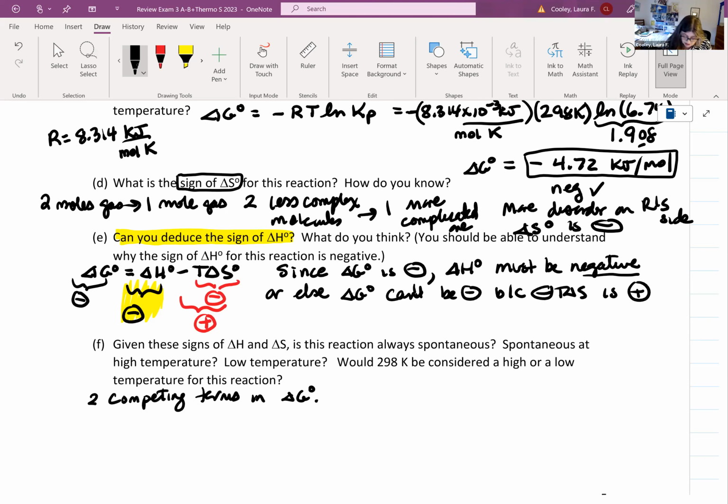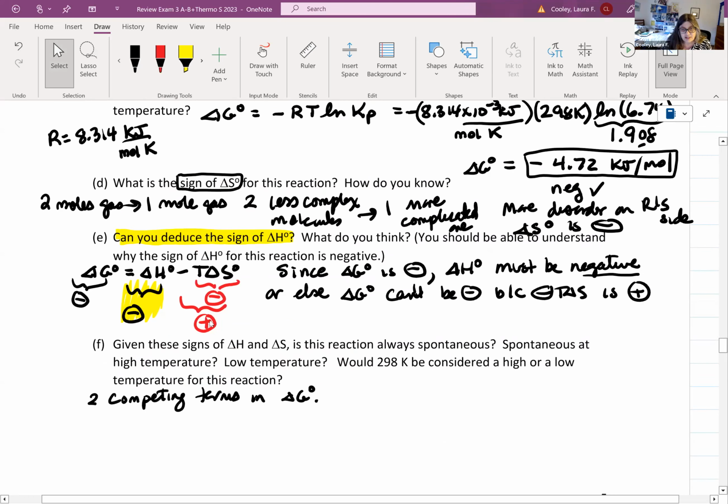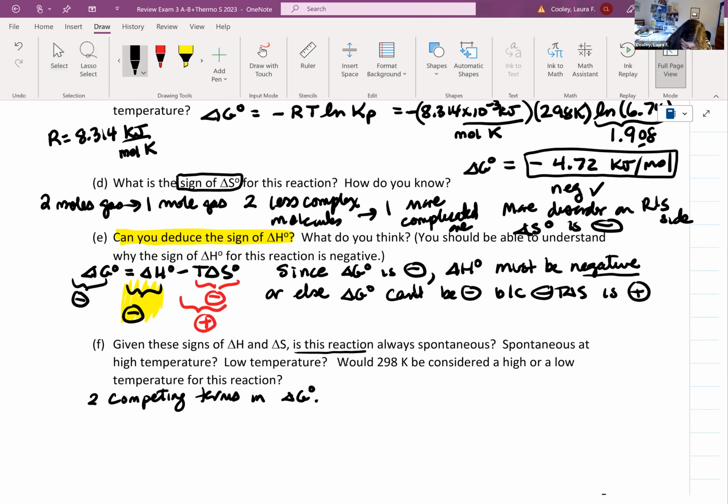So we know this reaction has a negative delta G at 298 Kelvin. So here's the question. Given these signs, is the reaction always spontaneous? So what's the answer to that?